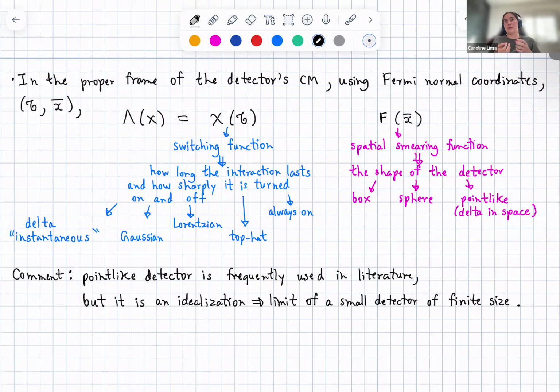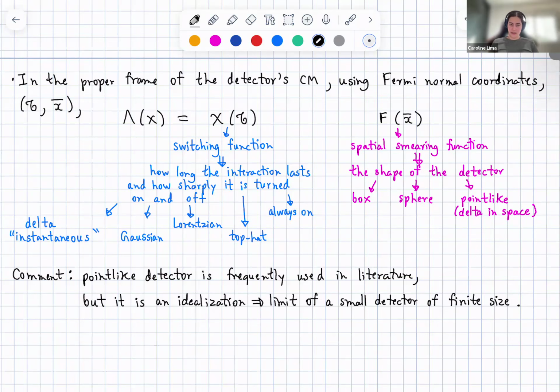And then there's some coupling time, so you can turn it on for a while and then turn it off. Sometimes you can turn it on very quickly and then turn it off very quickly, or turn it on smoothly, which is a bit more realistic. So this is describing exactly how this interaction will go: the characteristics of this detector in terms of the shape, but also for how long and how smoothly or sharply it's going to interact with the field. I hope this is clear.